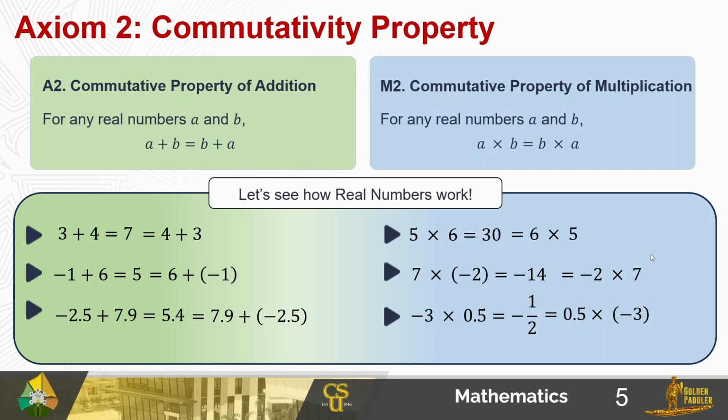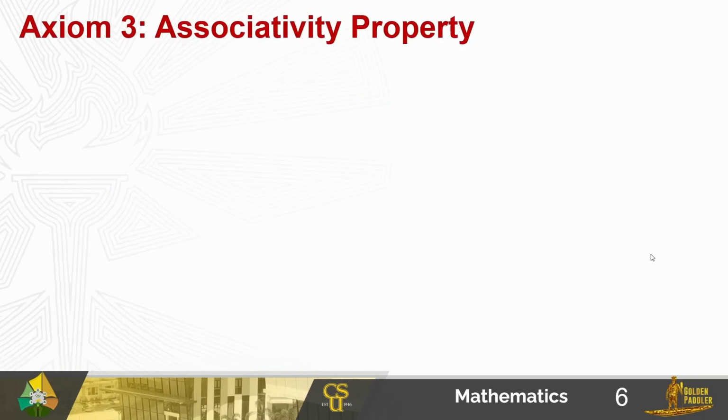So in conclusion, the commutative property states that the order in which you add or multiply two real numbers does not affect the result. Now let's proceed to the third axiom. Axiom 3 is the associativity property.